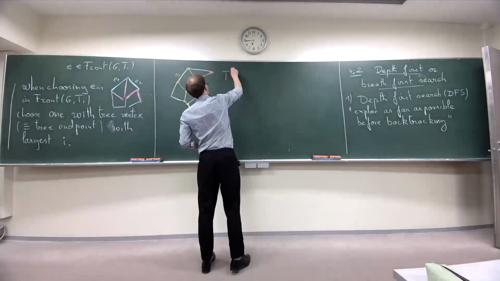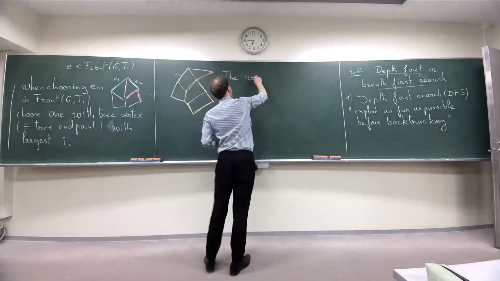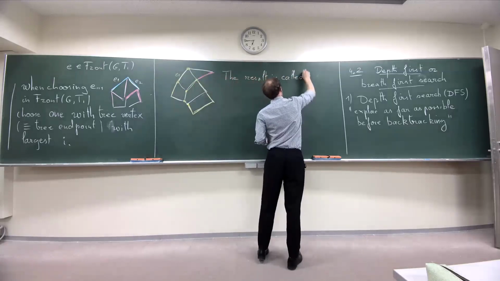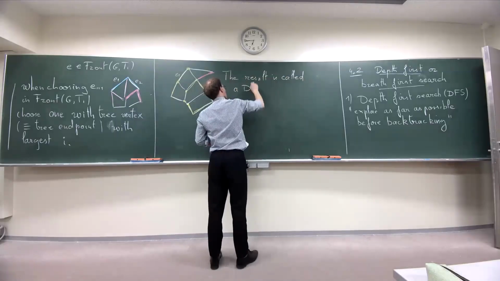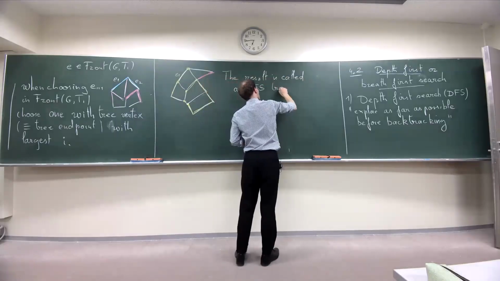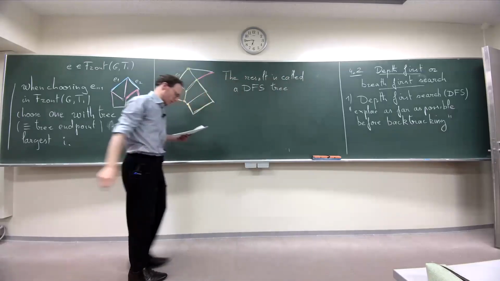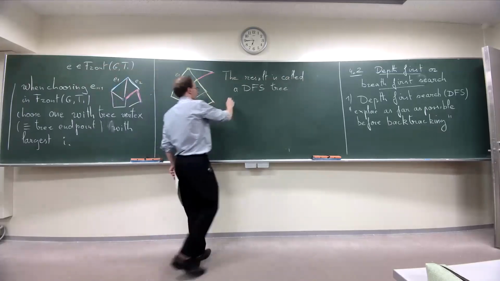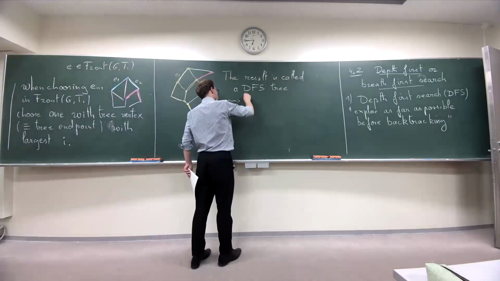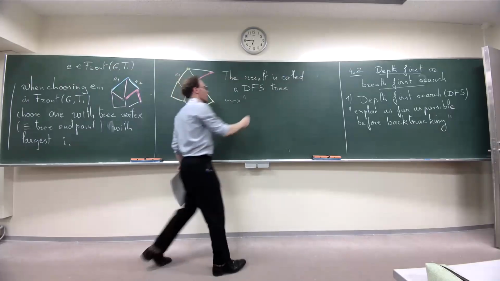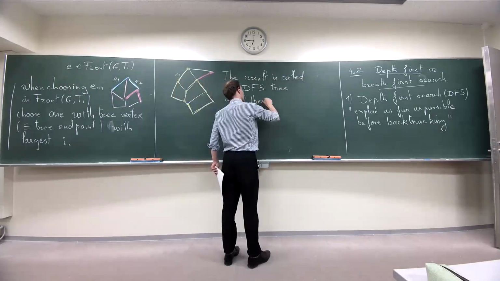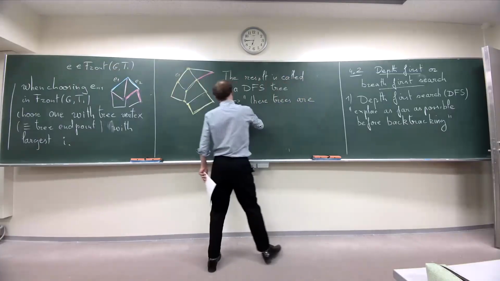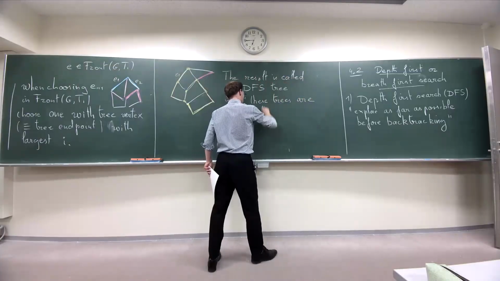And the result of this algorithm is called a DFS tree, depth first search tree. What you observe on this example, of course it's not a perfect rule, is that these trees are not balanced.